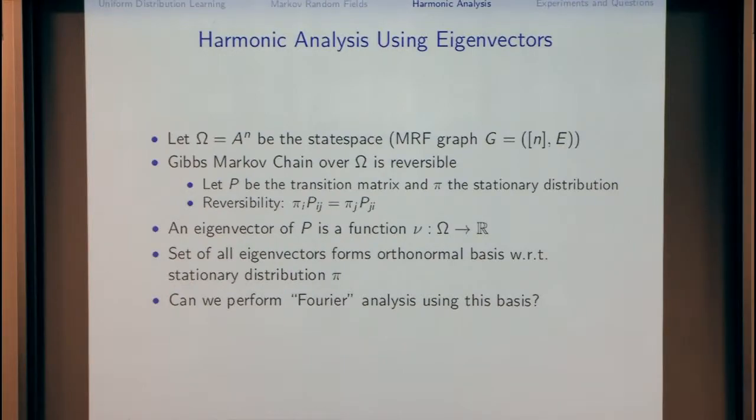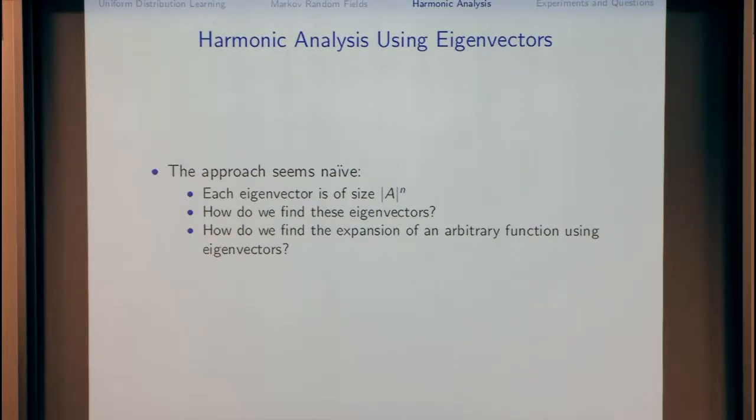And the obvious question is, can we do some sort of a Fourier analysis using this basis? So at first sight, this approach seems very naive because, first of all, each of these eigenvectors is in dimensions as large as a to the n. And we have no idea how to even find all of these eigenvectors.